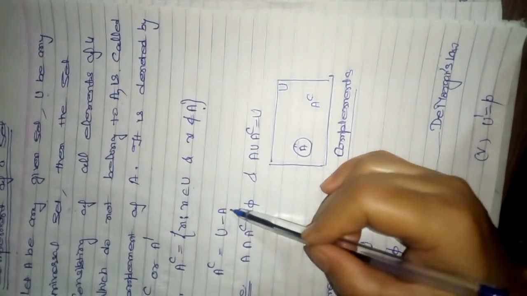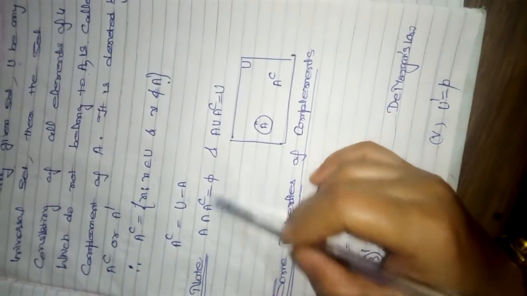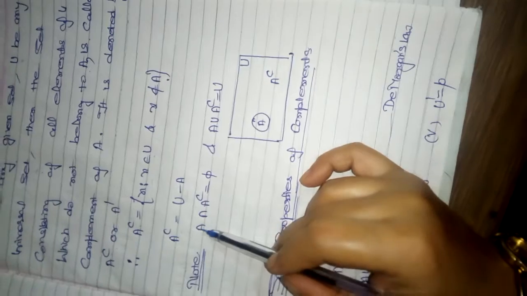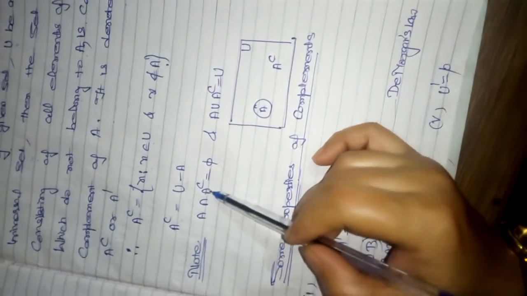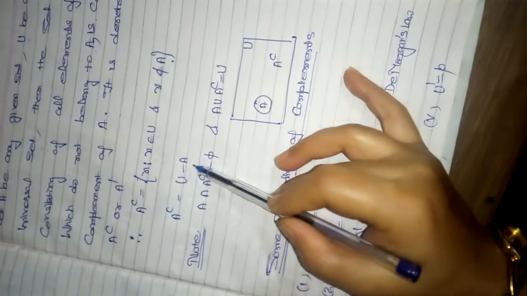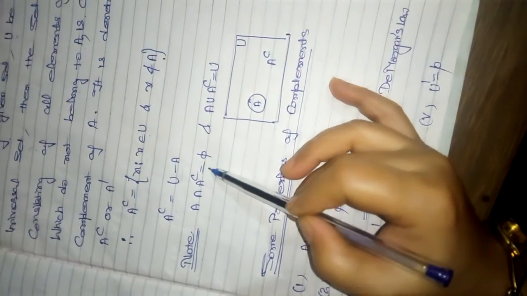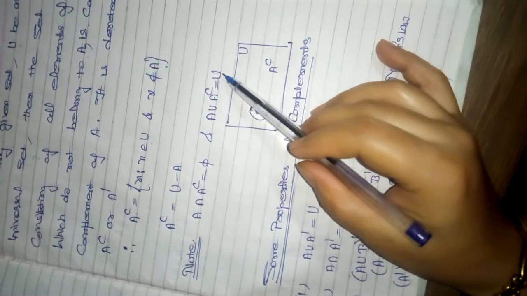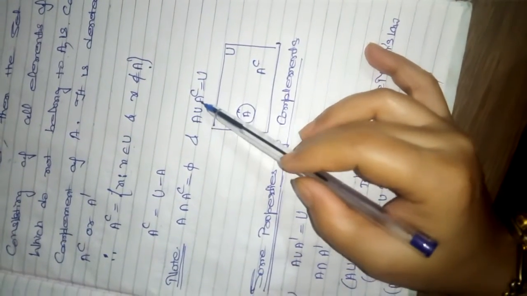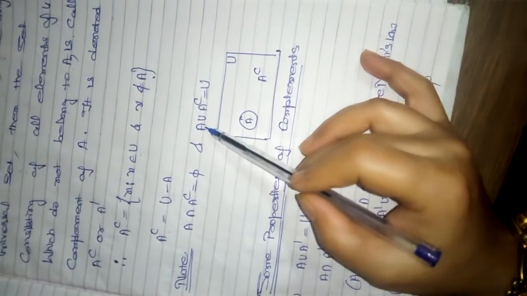Difference of U and A. And note, A intersection A complement is equal to the empty set, because set A is any set, suppose it is {1, 2, 3}, and A complement means U minus A. U is 1 to 5, so A and A complement have nothing in common. But A union A complement is equal to the universal set, because set A and A complement, the elements not present in A, together come to the universal set.